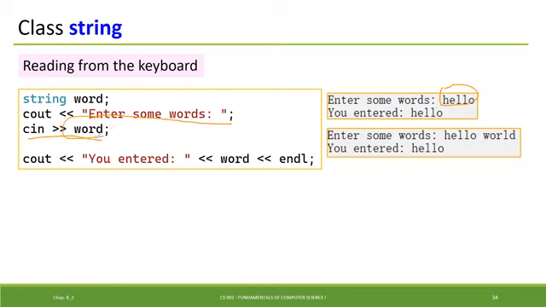So no problem. However, if I put more than one word with spaces between the words, then only the first word hello will be saved in the word. So you must use getline.